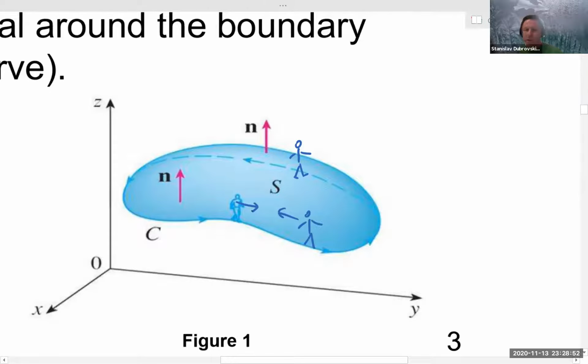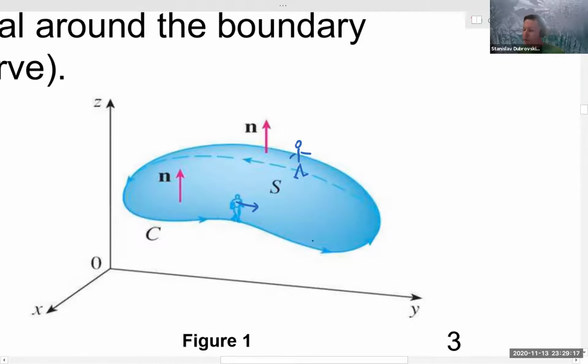So if we agree that the person who walks on the surface is walking so that the actual surface is observed on his left shoulder, or hers, then this will naturally induce the orientation on the boundary.